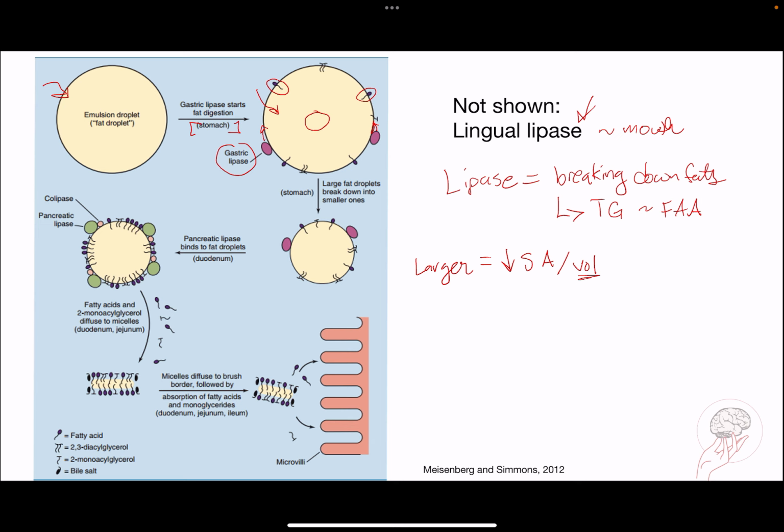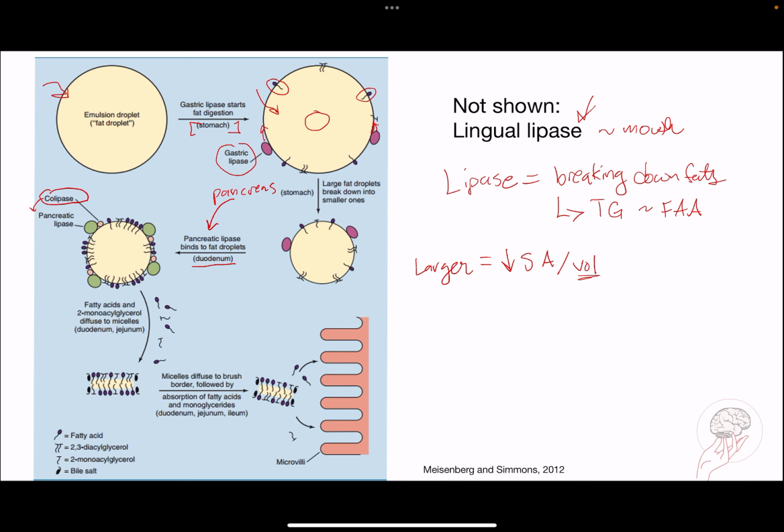So now we are in the intestines, specifically in the duodenum, and the pancreas, not pictured but now drawn, releases pancreatic lipase. We also get colipase, which is going to help activate, and we have bile acids.